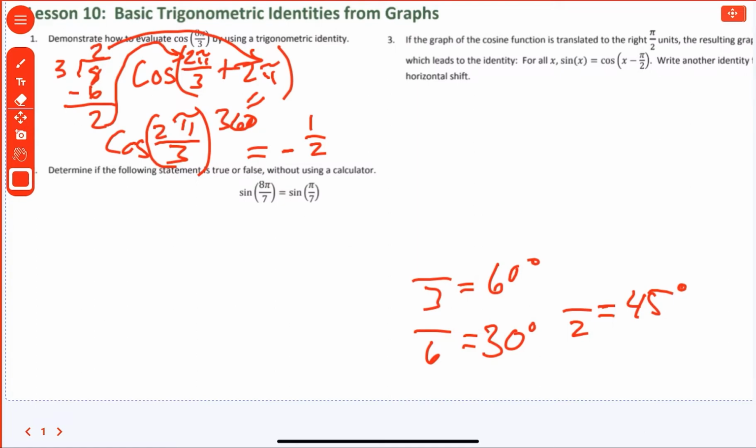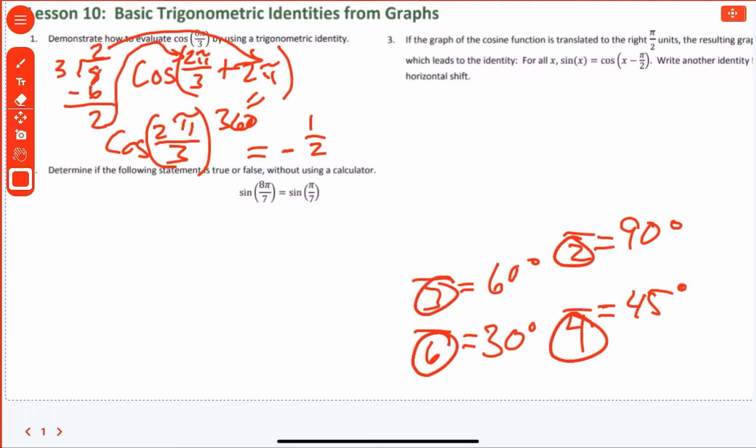Let's make it simpler and say if it's divided by 2, that's going to be a 90-degree angle. And we know that because pi divided by 2 is going to give us 90 degrees. 1 pi is equal to 180 degrees. So that's your reference angles when you're looking at what your pi is divided by.